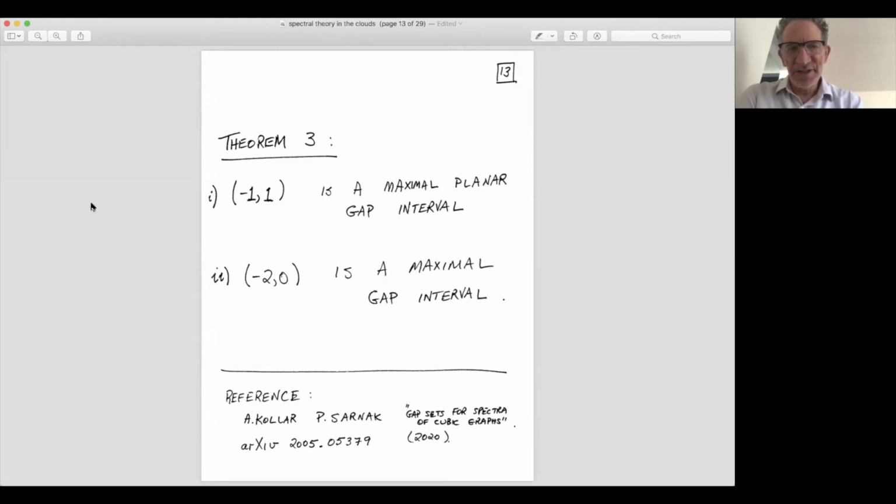And not only is that the statement that the length of the interval is 2 is maximal. So these are maximal gapped intervals inside [-3, 3]. So we had discussed the gap at the top, the gap at the bottom. Those are understood. And these are two new maximal gapped intervals. All this is described in a preprint that we posted recently, Alicia Kollar and myself.